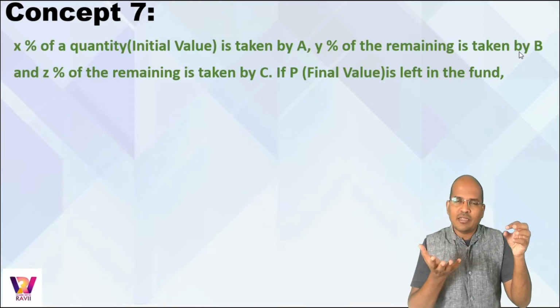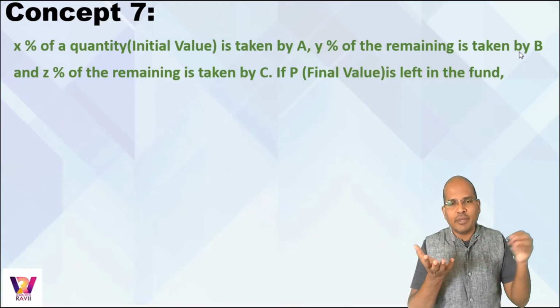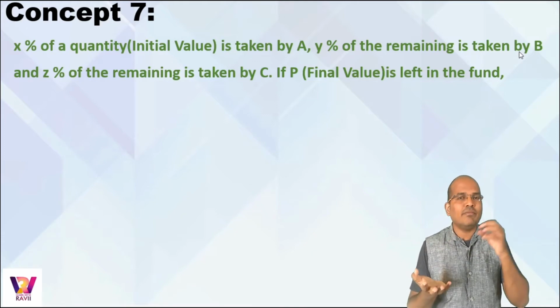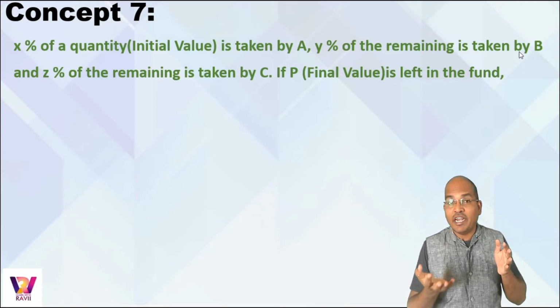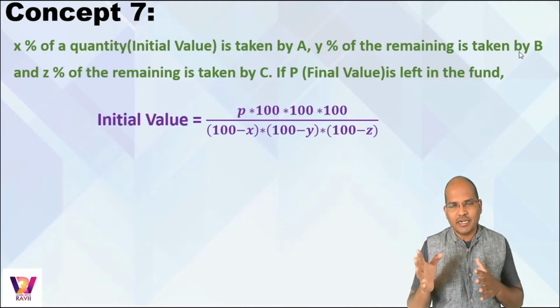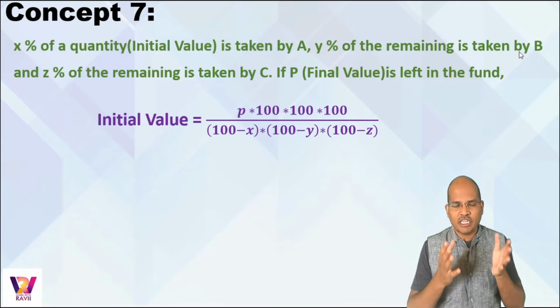From that balance, some Y percentage is taken by B, and we have something remaining. Now from the remaining, some quantity is taken by C, and after this X, Y and Z is removed, we get some final value. So if that final value is P, the relation between P, X, Y and Z with the initial value is given by the formula as shown to you all.